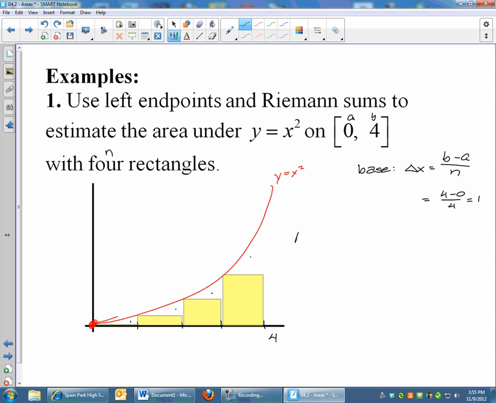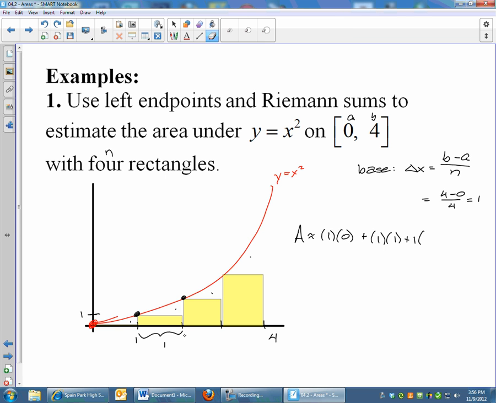So our area is going to be approximately, my first rectangle has a base of 1 and a height of 0. My second rectangle has a base of 1, and the height is determined by the curve. So if x is 1 and I go up to the curve, then my y-coordinate is 1 squared, which is 1. So the height of my next rectangle is 1. My next rectangle also has a base of 1 and a height of this point.